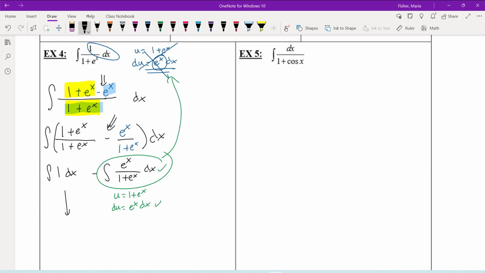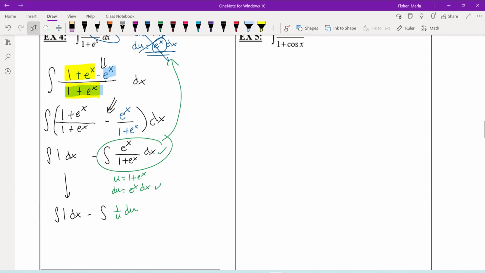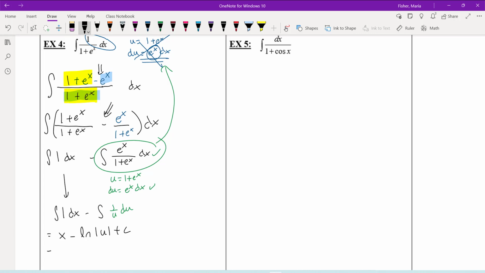The indefinite integral of 1 dx minus this becomes 1 over u du. Integrating now, we end up with x minus the natural log of the absolute value of u plus c. Getting out of u's and back into x's, we end up with x minus the natural log of the absolute value of 1 plus e to the x plus c.